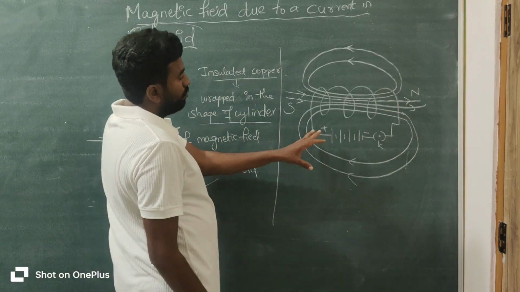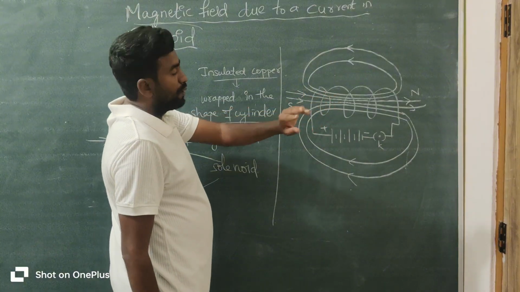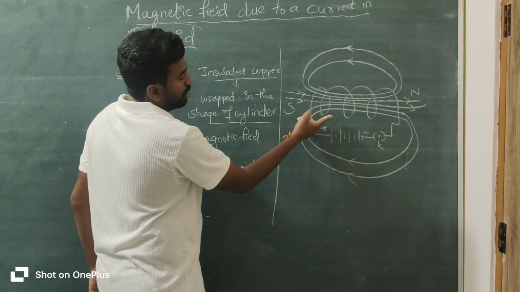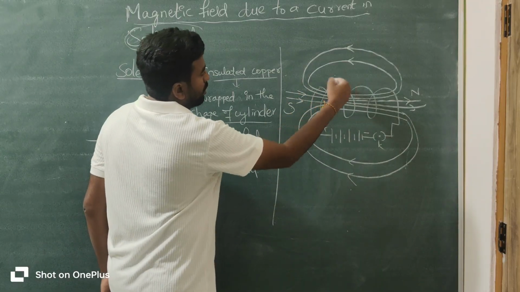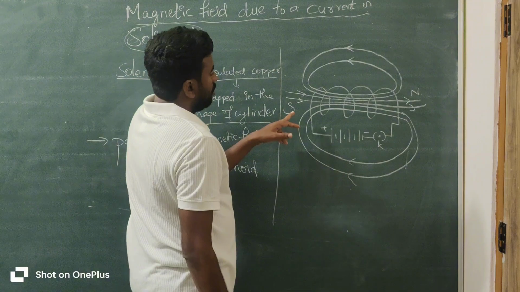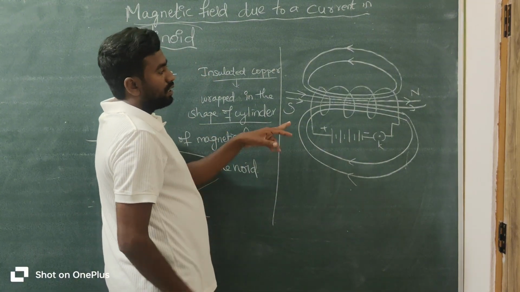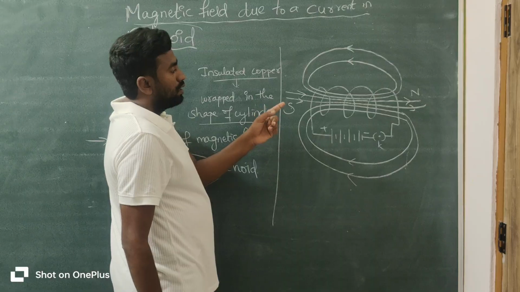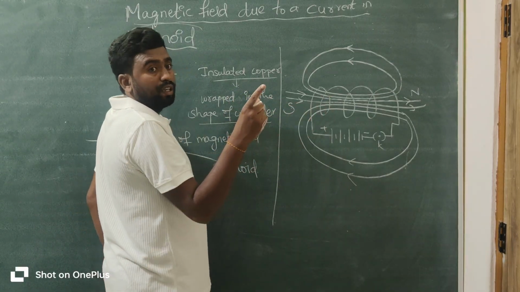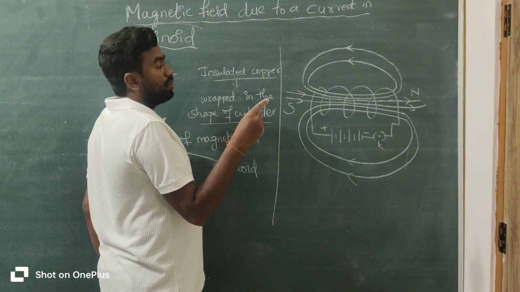So when current passes through a circular loop, there are two types of patterns: concentric circles at the extreme ends of the coil, and straight lines at the center of the coil. A bar magnet also has the same pattern. At the center of the bar magnet the magnetic field is uniform, directed from south to north. Outside there are loops from north to south, so they form closed loops.